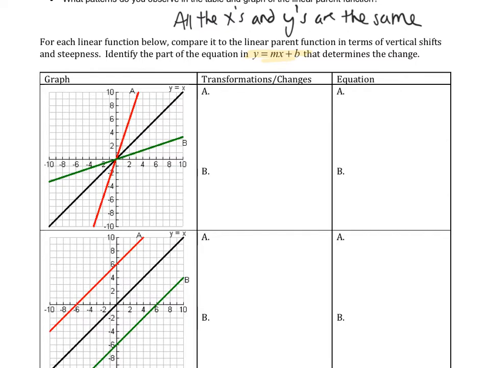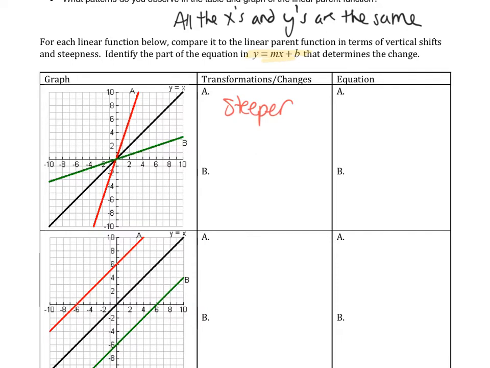In your first example, we have the line labeled A in red. If you look at that in terms of steepness compared to the black line, which is the parent function y equals x, we notice that line A is steeper. It's a steeper slope. It goes more straight up and down.